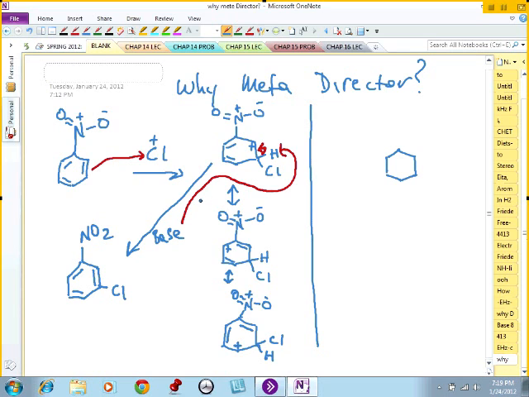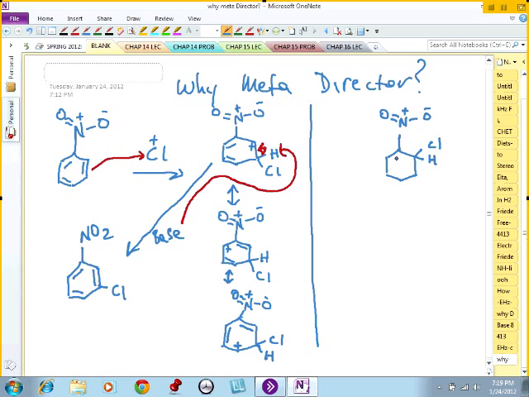Now, just for the sake of this argument, supposing the chlorine goes to the ortho position, which means that you now have chlorine here and the hydrogen here.